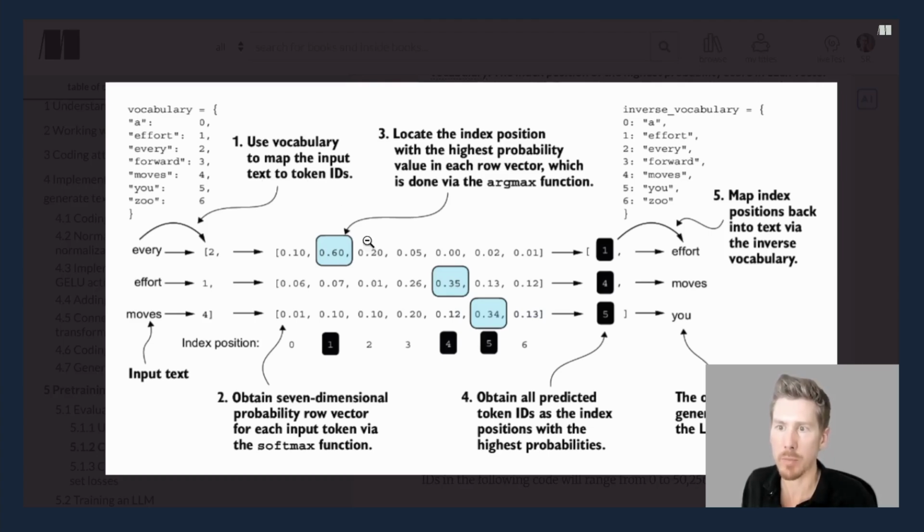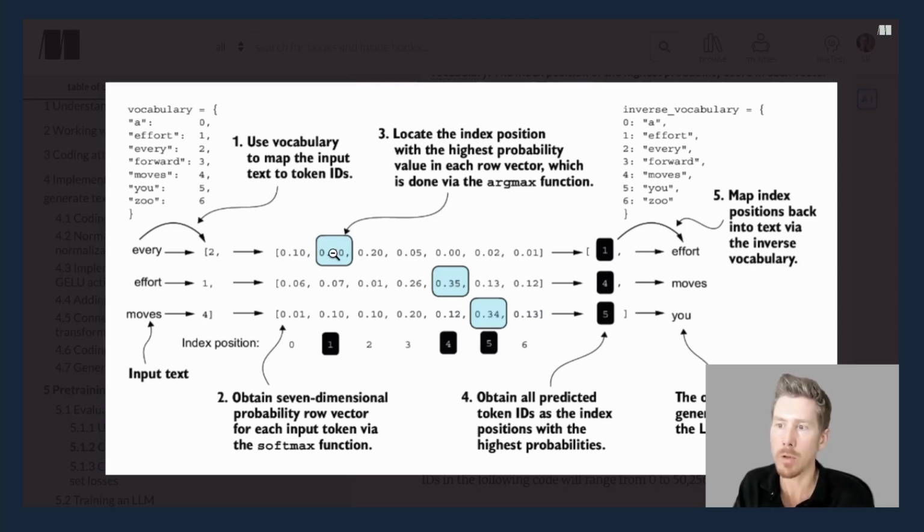I have a 20% probability to generate every. I have a 5% probability to generate forward, and so forth. So these give me the probabilities of the next token that is likely. How probable is this that this is the next token?